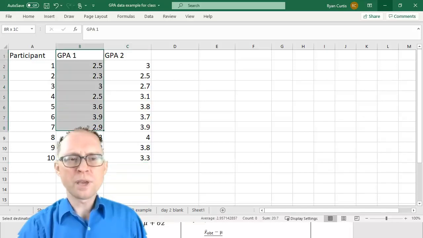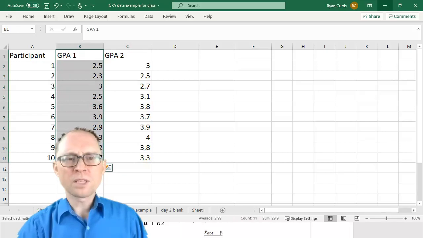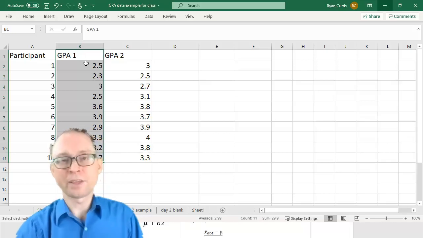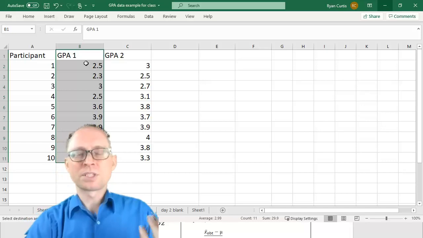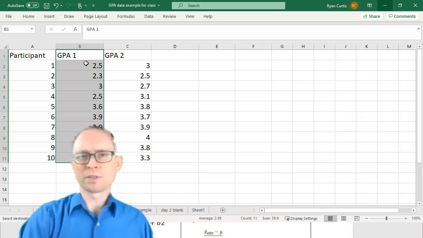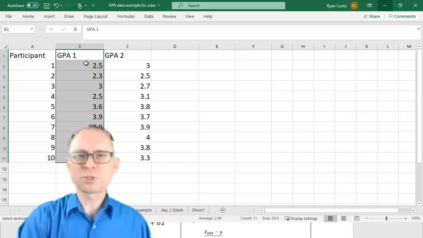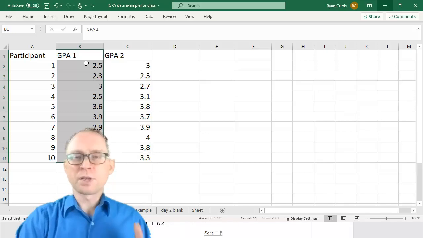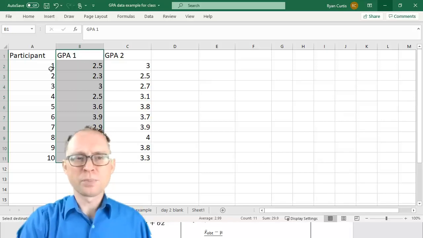So GPA 1, this is everybody's GPA before they started studying. Now, I know that sounds weird, but let's say that I had a specific study technique. I think that, I don't know, that studying while listening to Mozart is going to improve your GPA. Okay, so before people study listening to Mozart, this is their GPA.